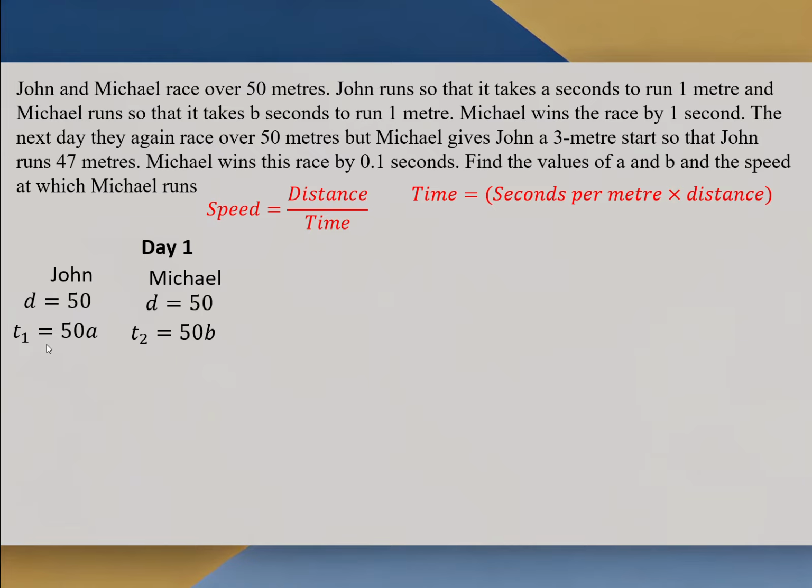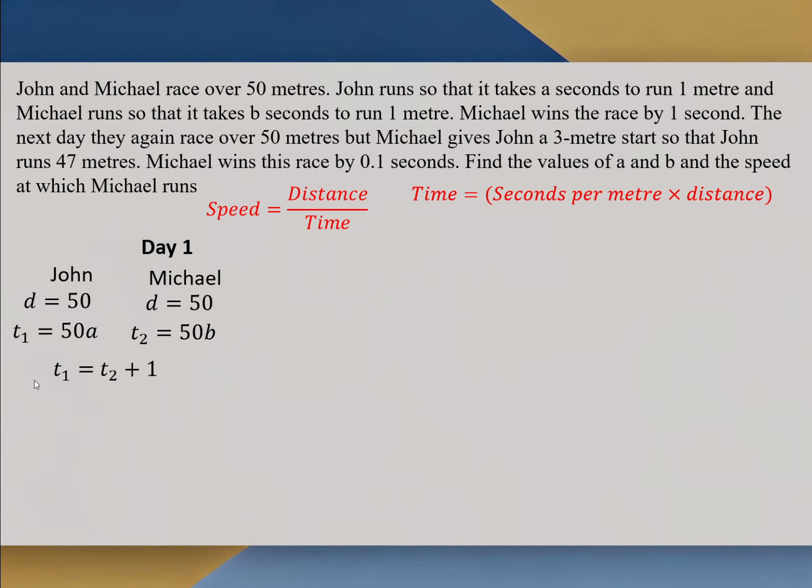Their times are not going to be the same, which is why I've labeled them as T1 and T2. The next part, we need to look at the difference in their times. It says here, Michael wins the race by 1 second. That means John took 1 extra second.